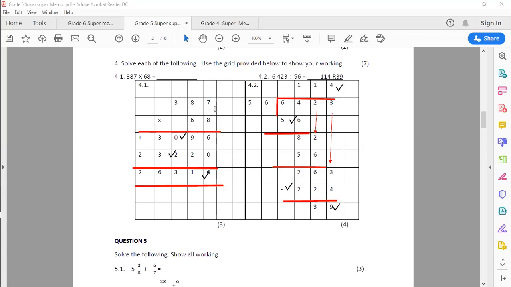So we have 387 multiplied by 68. Here, you see this part here. I don't know if I can, there's something here that can allow me to write. Oh, what's this? I really don't know how to use Adobe. There's fill and sign. All right, let me put fill and sign.